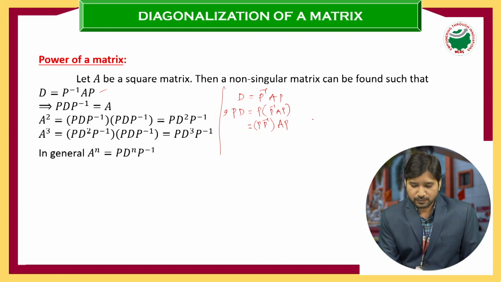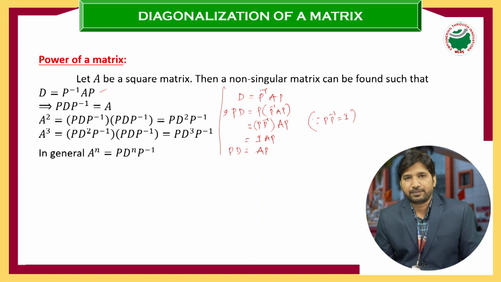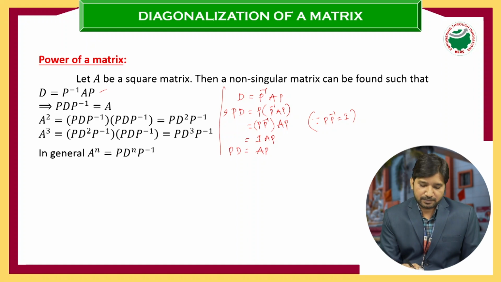We know that P into P inverse equals I, the identity matrix. So I into AP, and PD equals AP. Again, we multiply P inverse on both sides, on the right side of the terms.